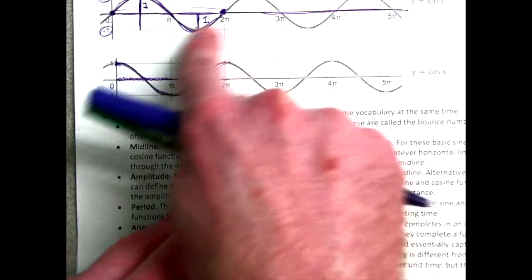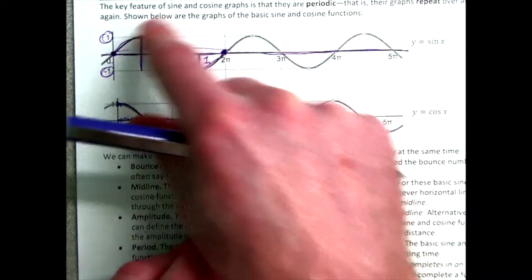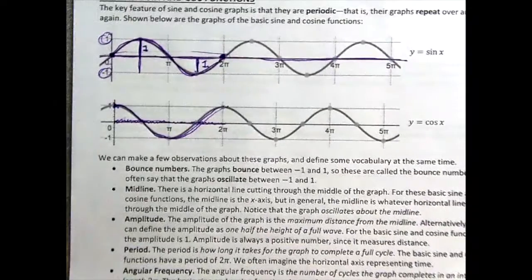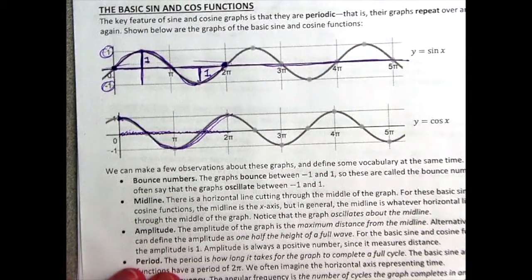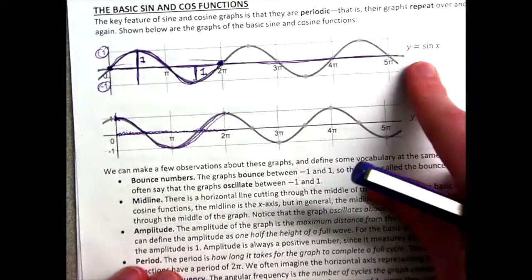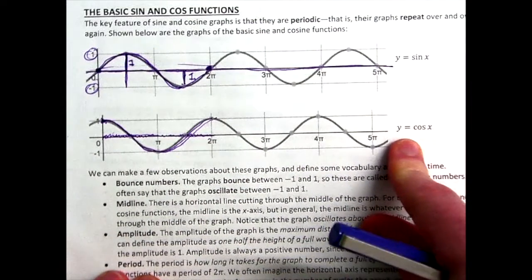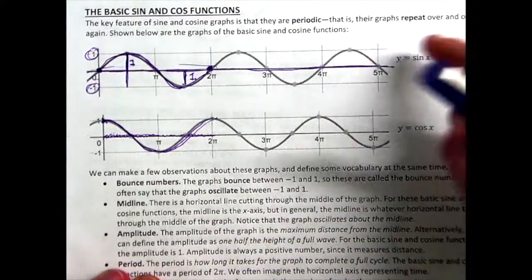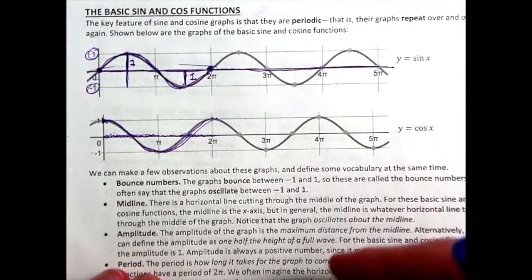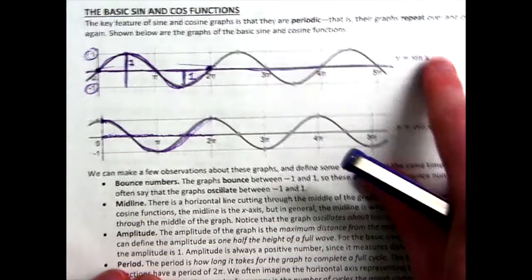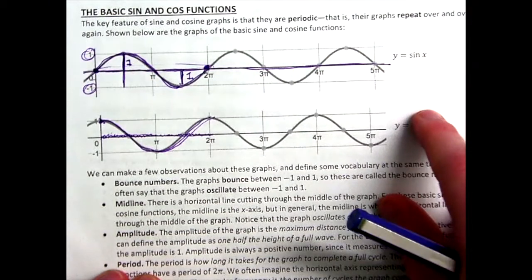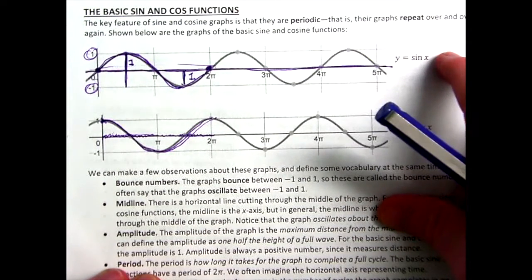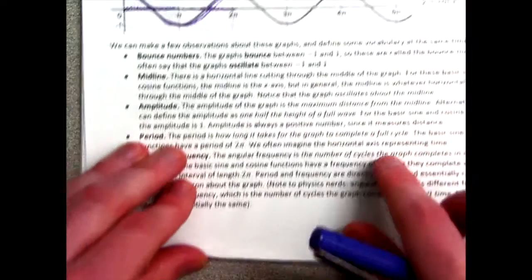Now, those vocabulary words all describe and refer to the basic sine and cosine functions. In a moment, we're going to take a look at transformed sine and cosine functions, just like we have the absolute value function with a bunch of transformations. Basically, when you start applying transformations to sine and cosine, like horizontal shifts and vertical stretches and shrinks, all of these things change.